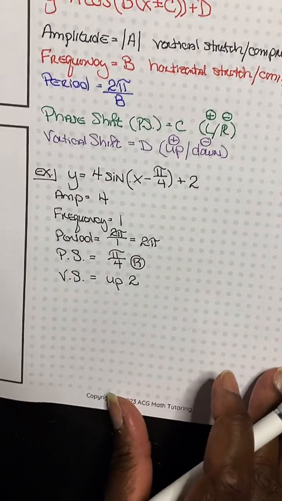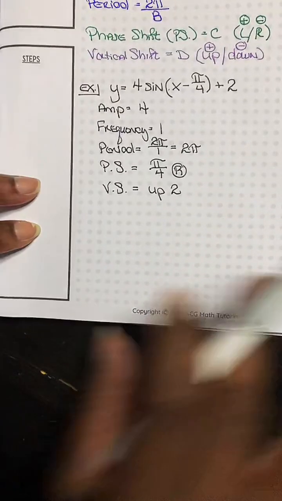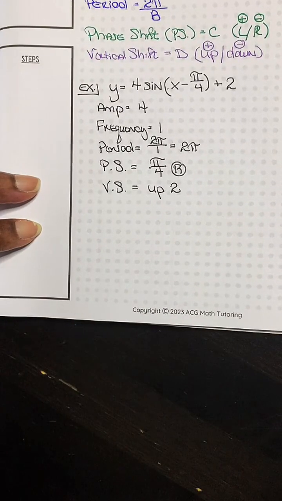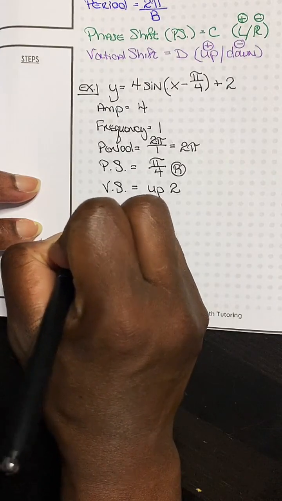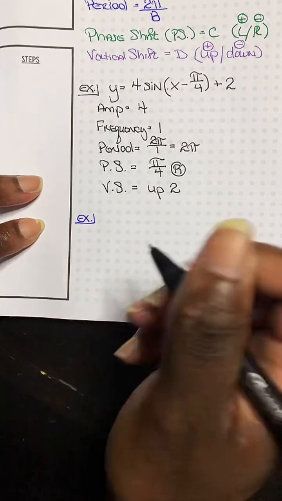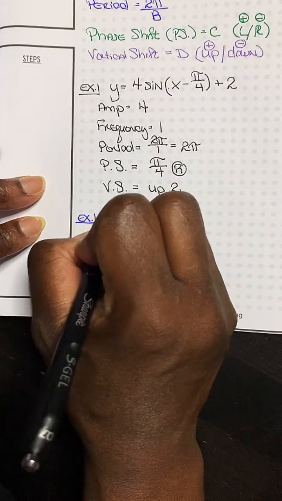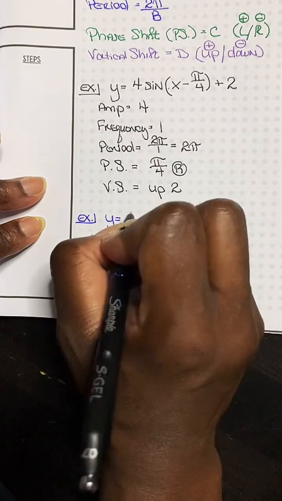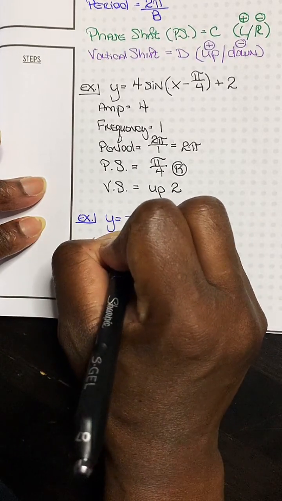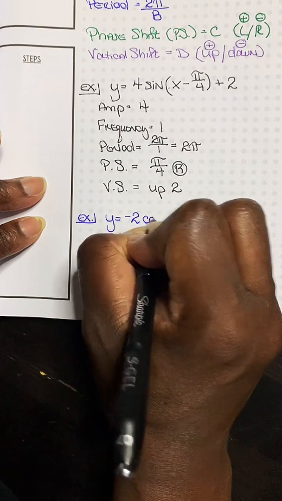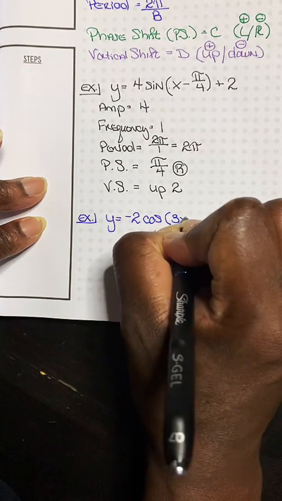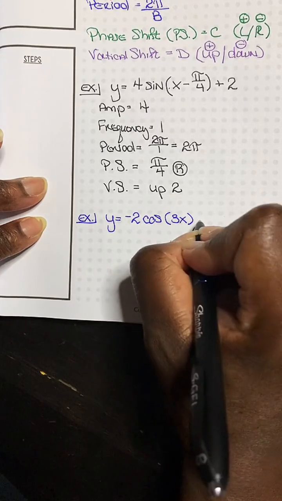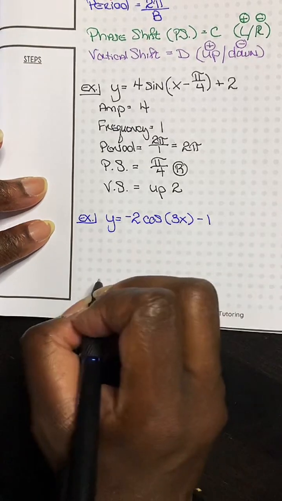Let's try another one. So we have y equals negative 2 cosine 3x minus 1.